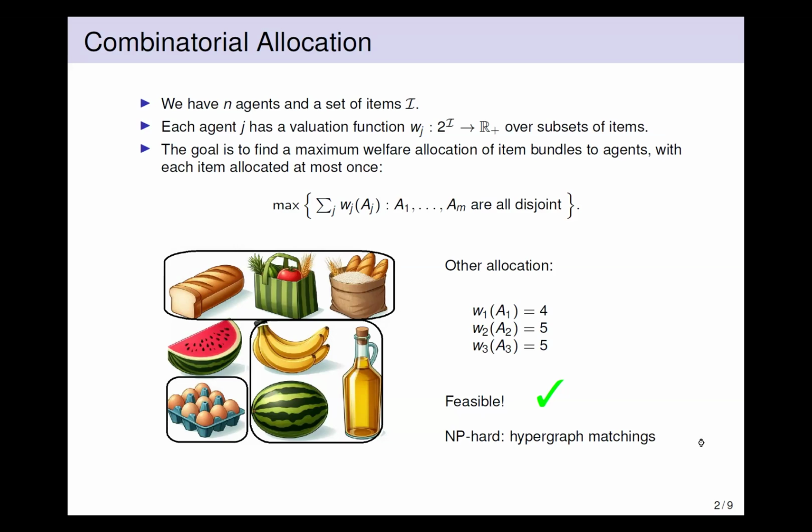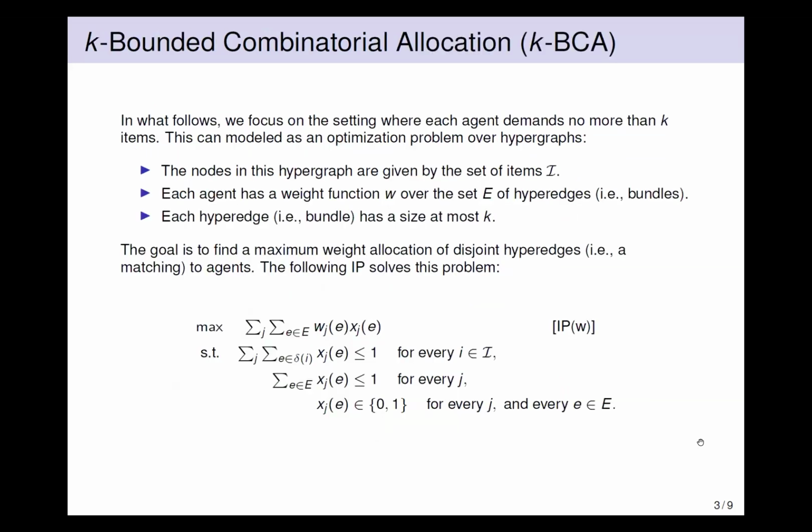Now, as Andres said, for the rest of the talk I will focus on the setting in which agents demand bundles of size at most k. This is where they put all the value; they only care about selecting k items and not more. So how do we model this setting? I will model this as an optimization problem over hypergraphs.